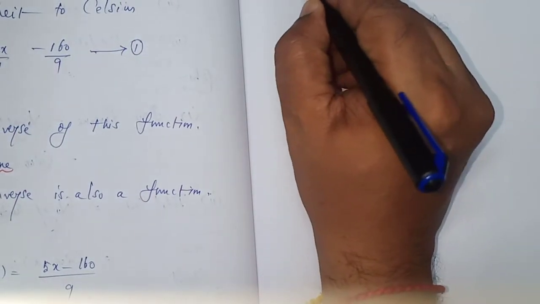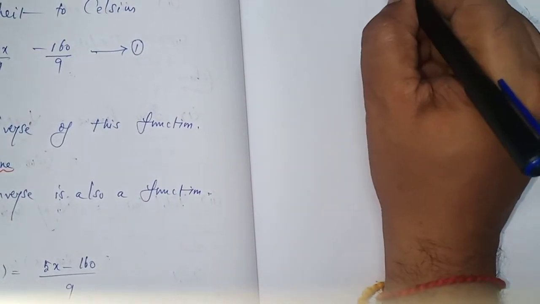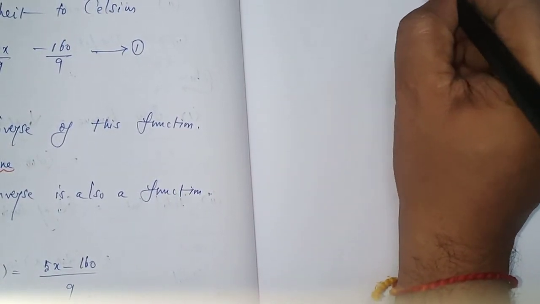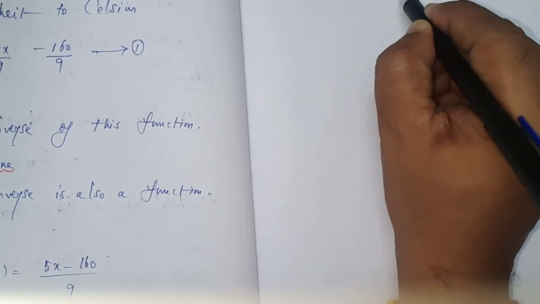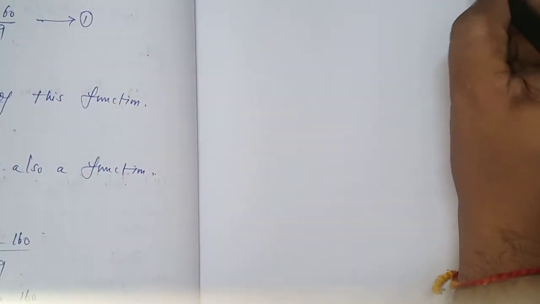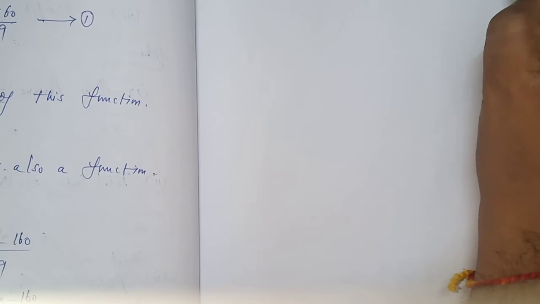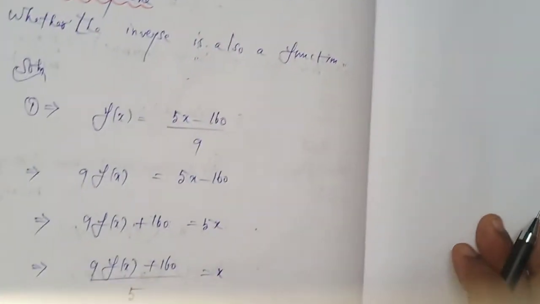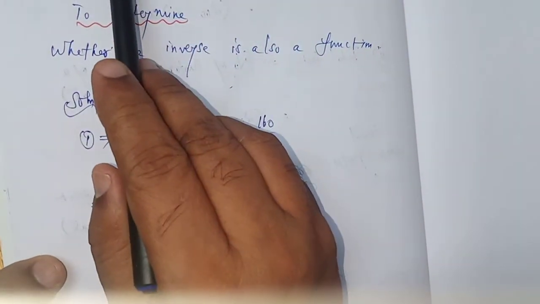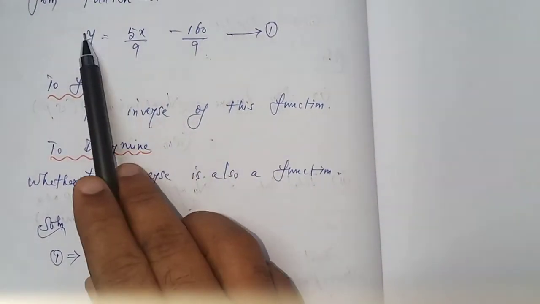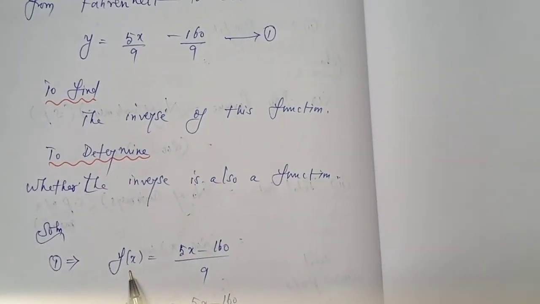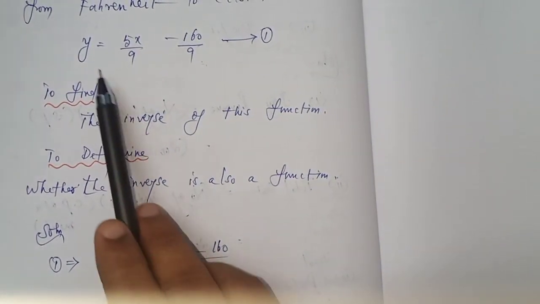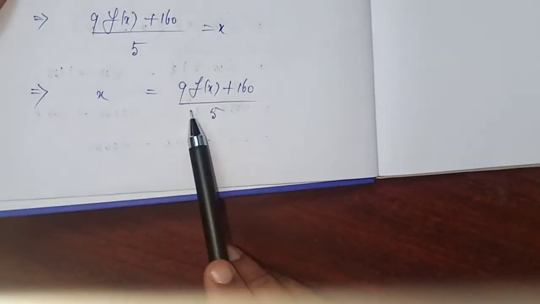The next step: x equals 9y plus 160 whole divided by 5, since f of x and y are equal, so we consider y equals f of x.